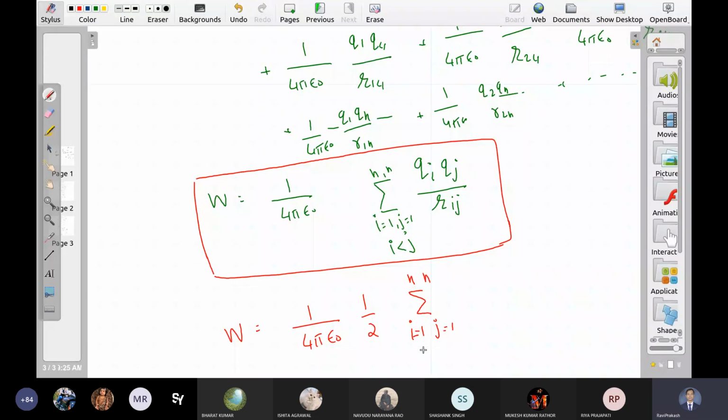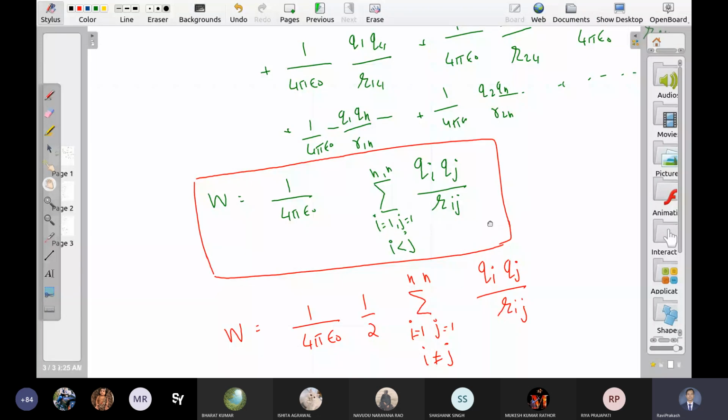I allow both. i less than j is allowed, i greater than j भी allow कर रहा हूँ. But obviously these terms remain the same. Only constraint is i is not equal to j. Agree?